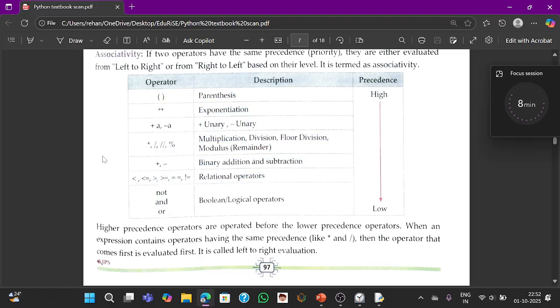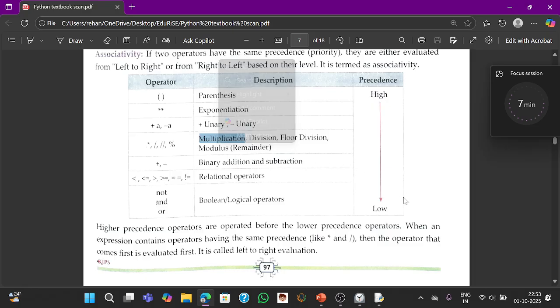Likewise, in Python programming, the expression that you write using different operators will be solved by giving utmost priority to the parentheses, that means brackets only. Then the next priority is given to the exponential, then unary operators, whether plus or minus. Then we have all the arithmetic operations, starting with multiplication, like BODMAS.